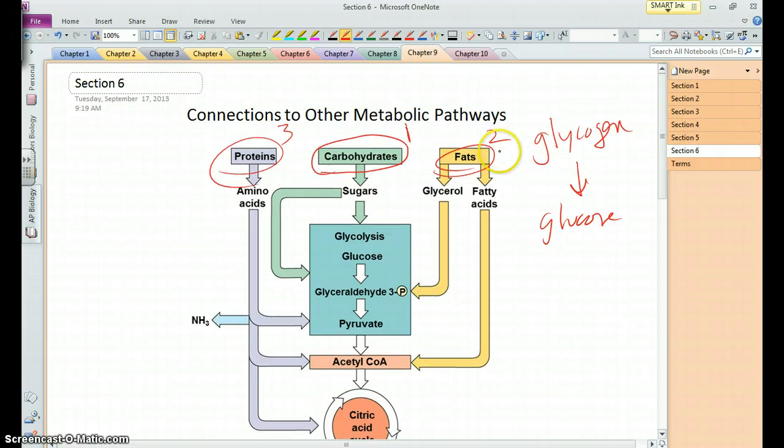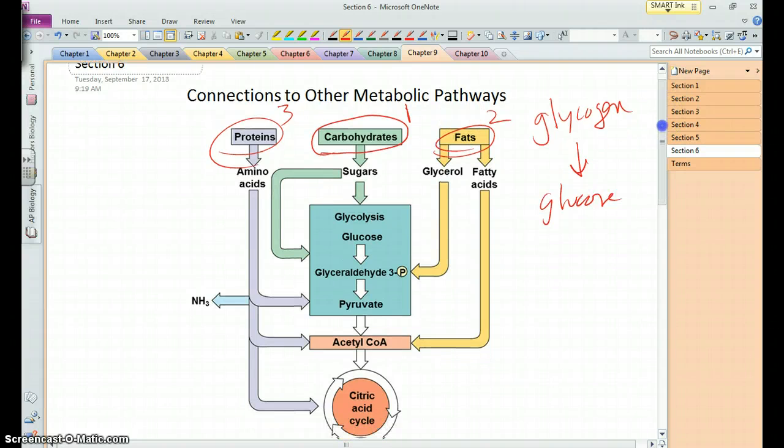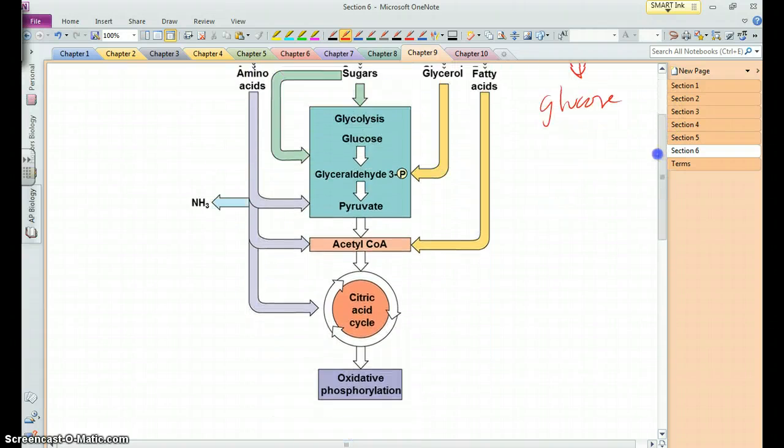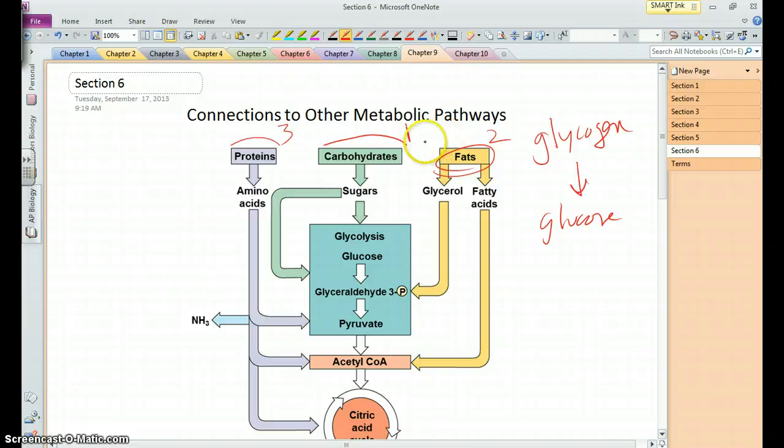Now, this sort of gets us into talking about nutrition a little bit, in that this is what dieting to lose weight is all about. If you're consuming more calories than you burn up, these carbohydrates you consume can be converted into fats that are stored, and you always have some of that around at least, but sometimes you can get too much of it.